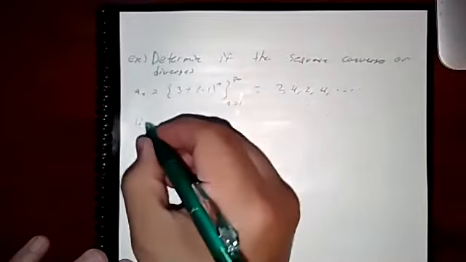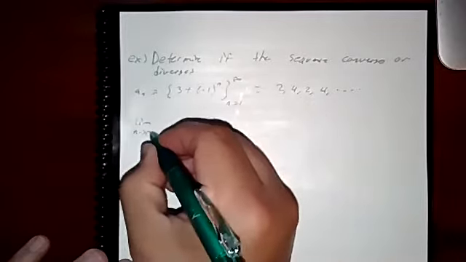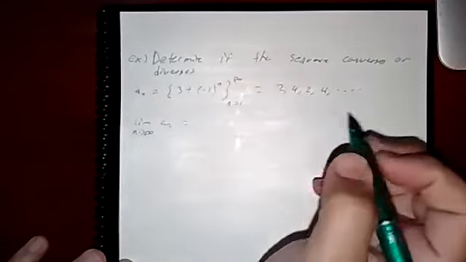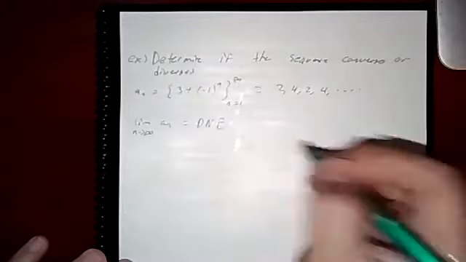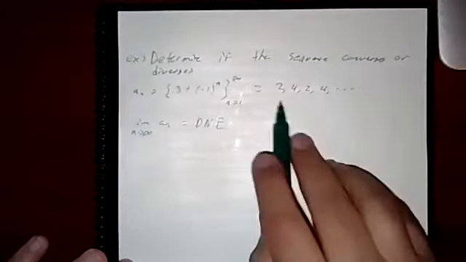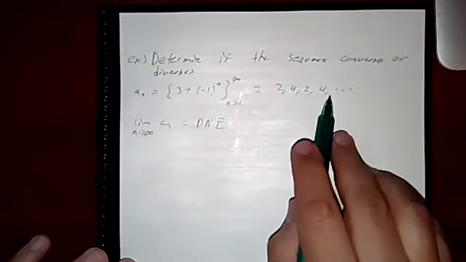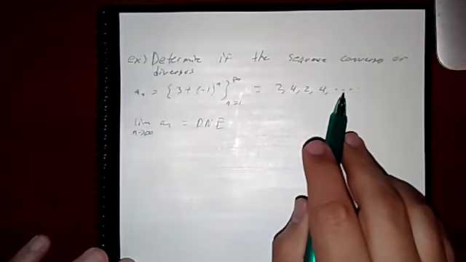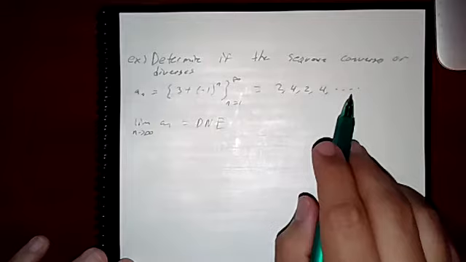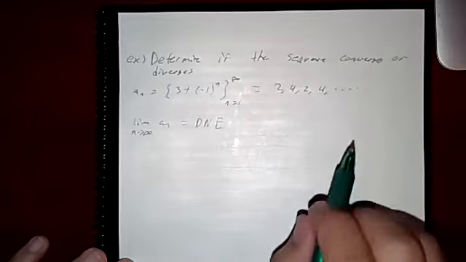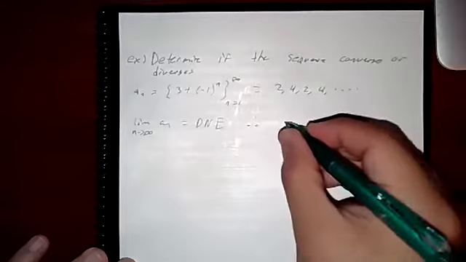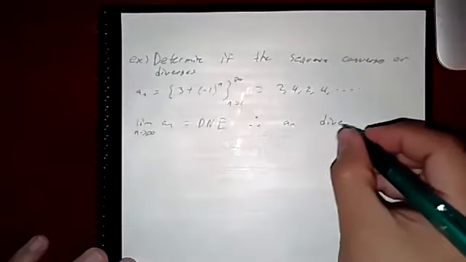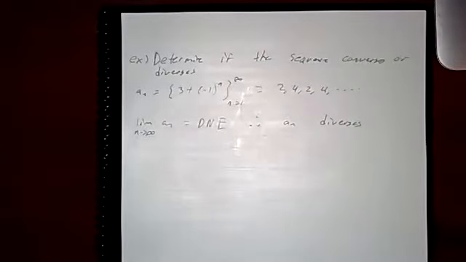No, right? Because if you take the limit as n approaches infinity of a sub n, it's going to be non-existent because it does not stop at a specific value. There is no limit. So going by the definition, if the limit does not exist, therefore a sub n diverges, right?